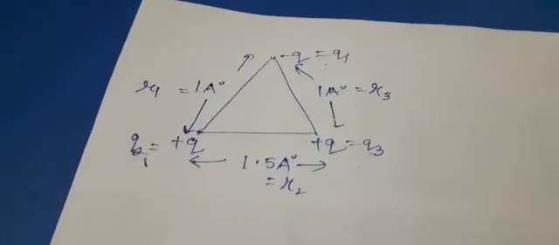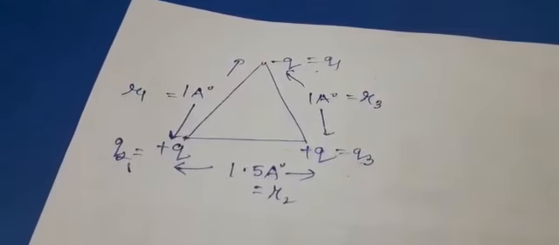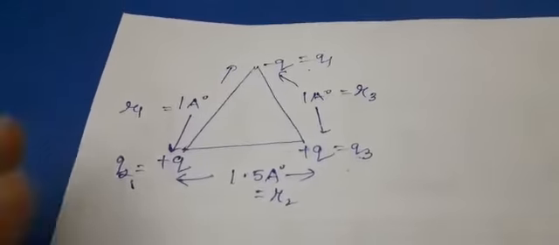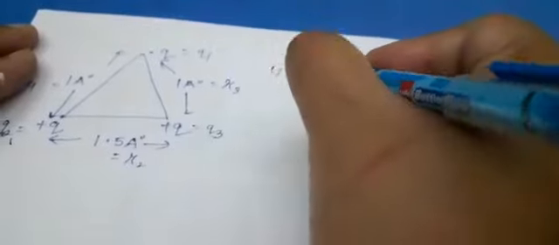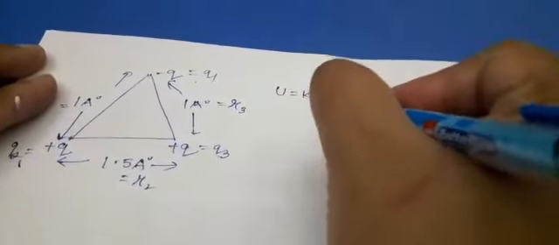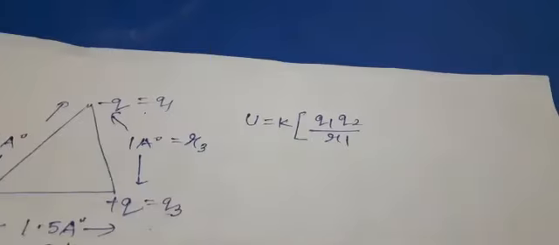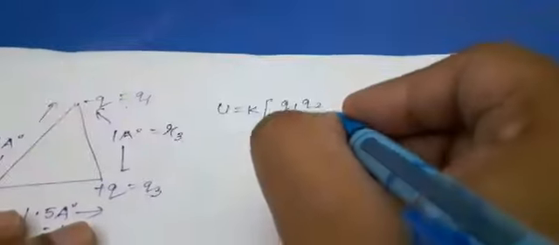So now, what do you have to find here? Determine the potential energy of the system. You have nothing to do, simply apply the formula for potential energy. For a system consisting of three charges, the potential energy is K Q1 Q2 by R1. K is common, so I am taking it outside the bracket.